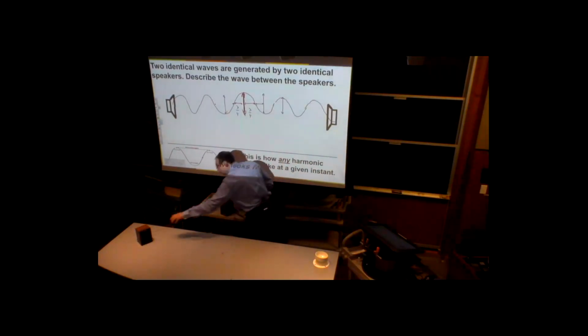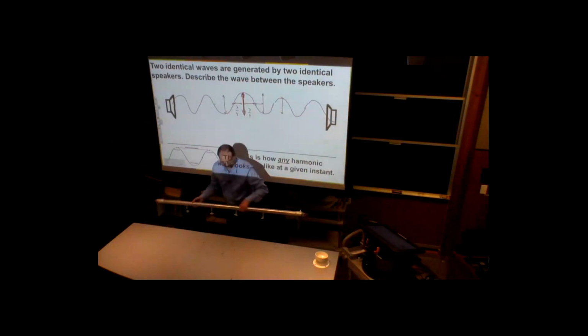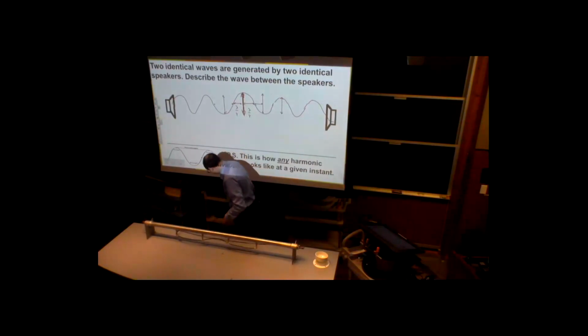How can we see sound? Well, we can use fire.